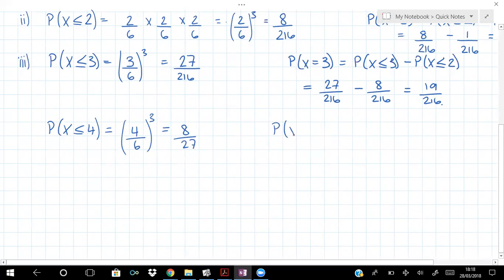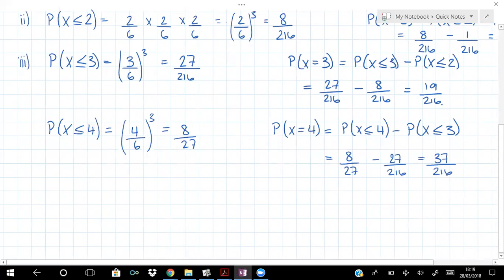So the probability that x is equal to 4 is going to be the probability when it's less than or equal to 4, take away the probability when x is less than or equal to 3. So that is going to be 8 over 27 minus that, which gives us 37 over 216.